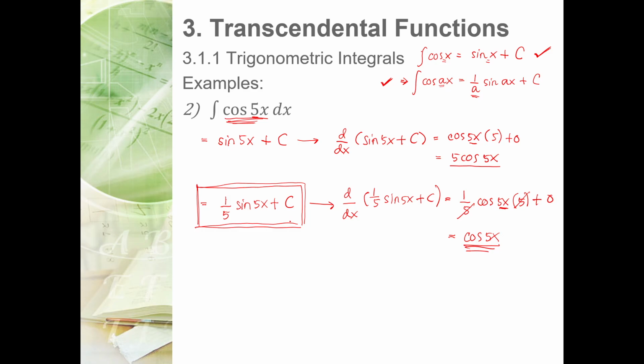Okay. So again, what happened here is that since we have a coefficient in the angle, we need to generate a particular term for it to be cancelled out in the process of differentiation.